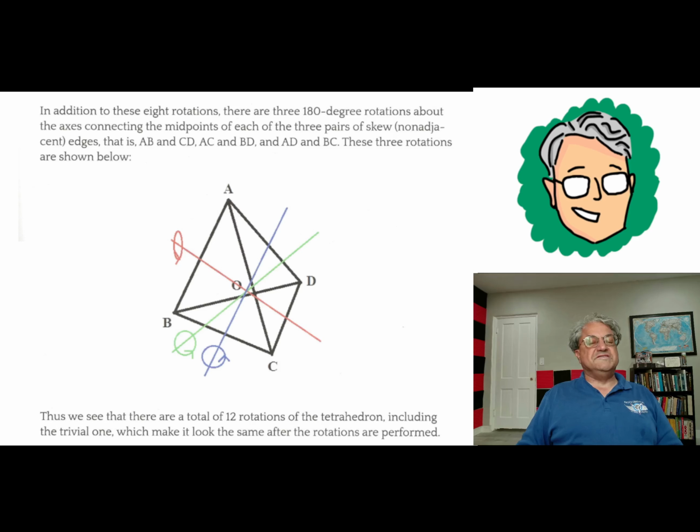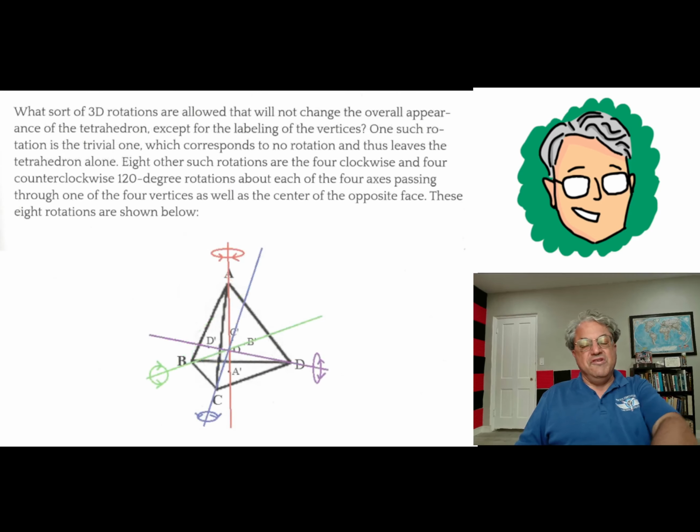Remember, when we do it once, we get back something we didn't start with. But when we do it twice, we get back what we started with. So doing it twice gives the identity. These are elements of order 2. The previous rotations I showed you are elements of order 3. So we've got 8 elements of order 3, namely the threefold rotations about each of these 4 axes, the ones passing through the vertices and the opposite faces.